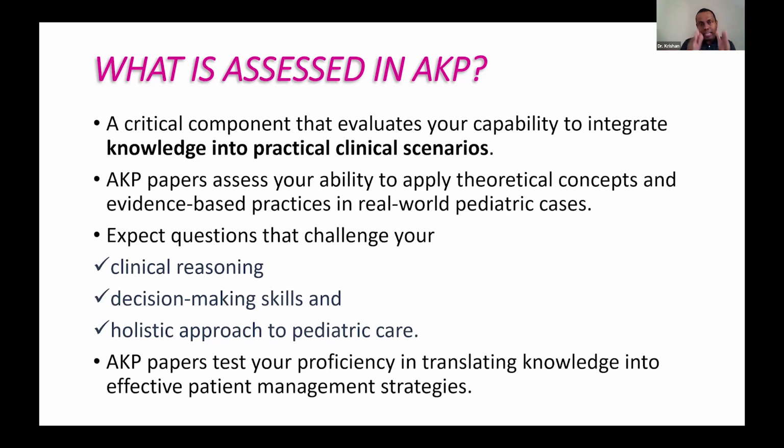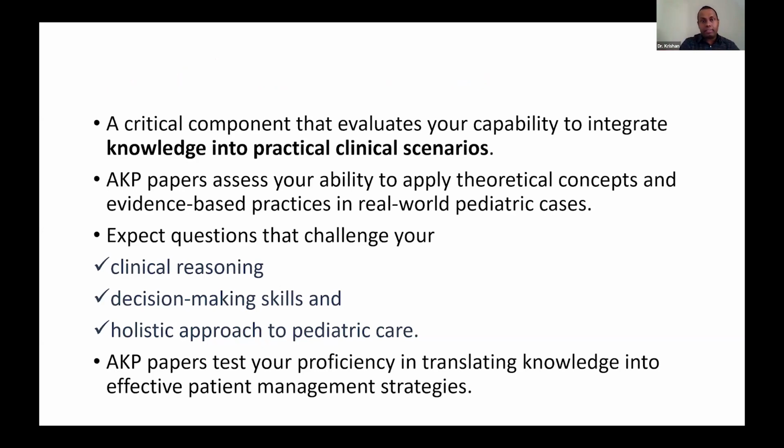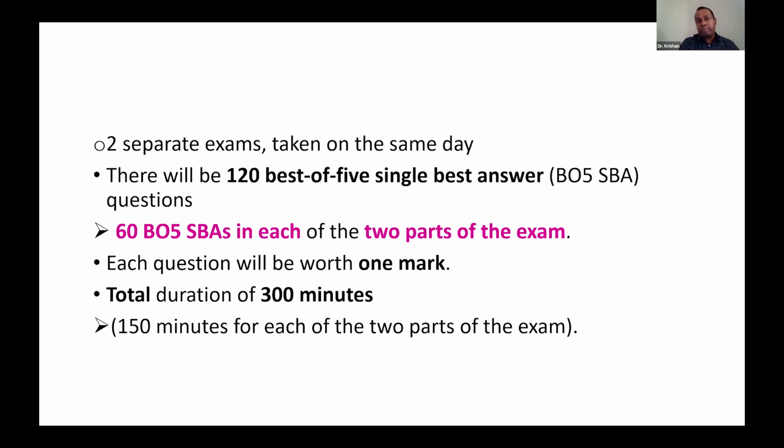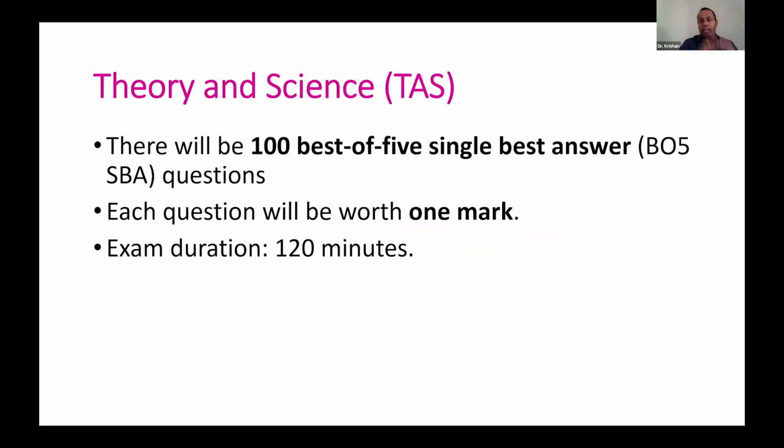If you do FOP, there will be 100 questions, 100 SBA type questions. If you do theory and science, again, you will have 100 questions. They are all SBA.